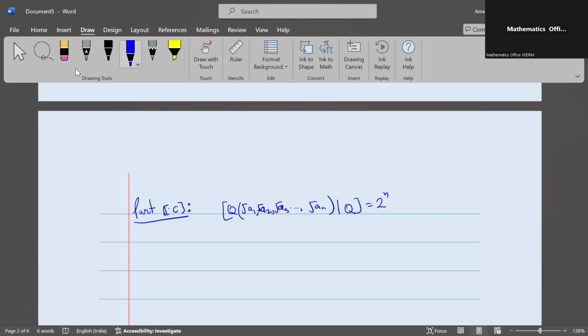And now if you write the LHS once more, it can be written this way: Q(root A1 up to root AN) over Q(root A2 up to root AN). This degree of extension, because we are just attaching root A1 only and everything else is already in the base field. What should be the degree of extension?